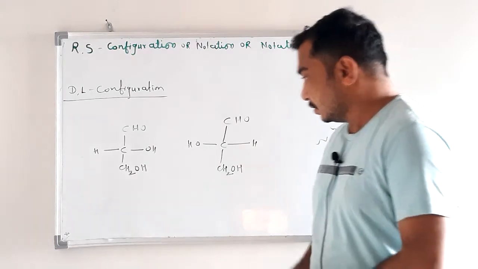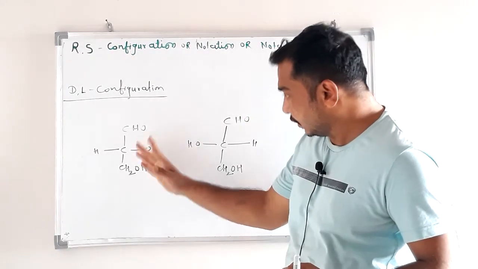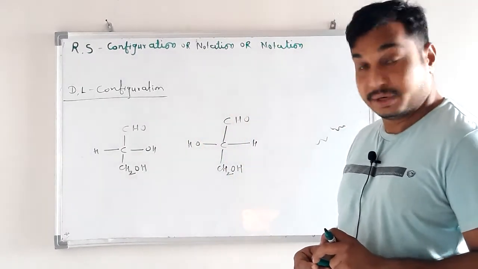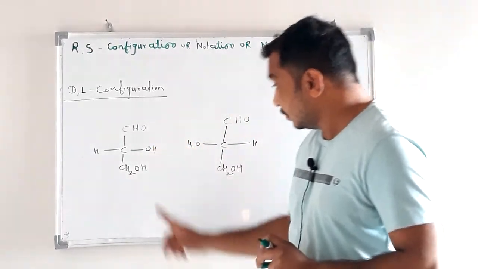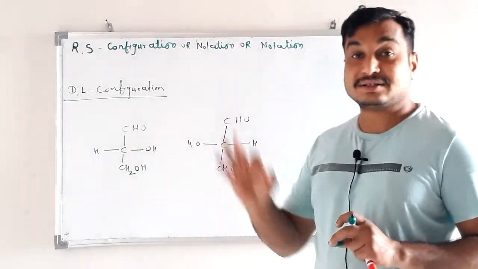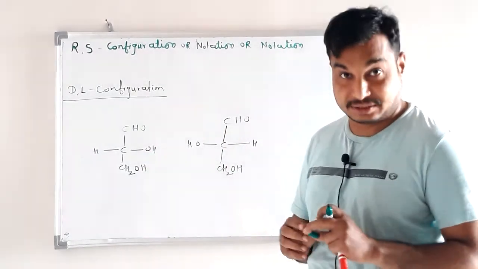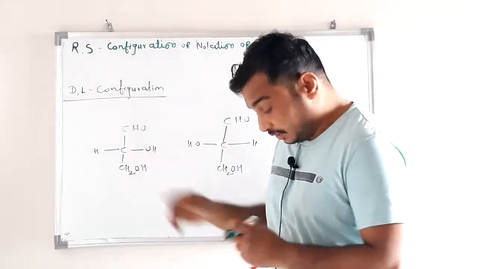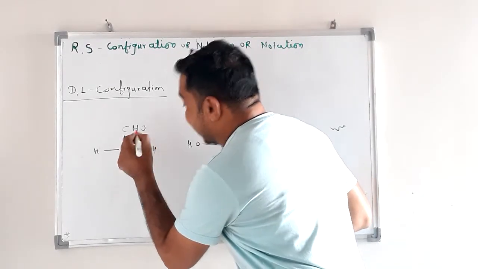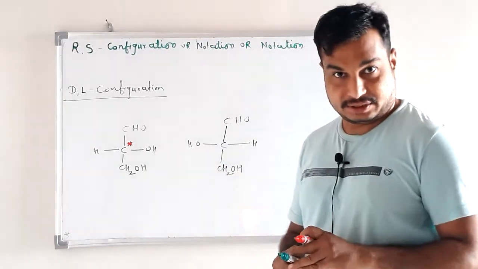So, I want to give D or L configuration to this compound. What do we have to do? Very simple. First thing is to identify the last chiral carbon atom in this compound. This carbon atom is the last.